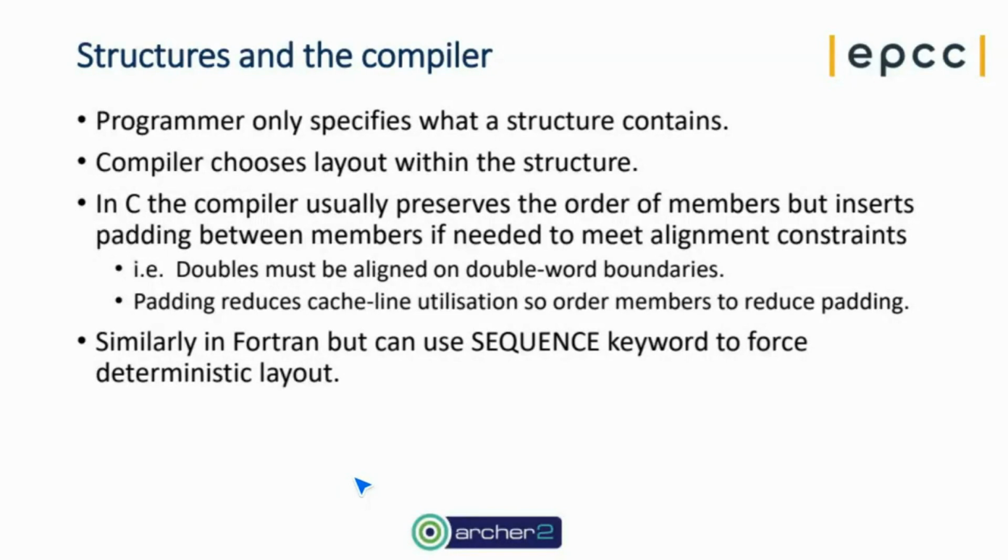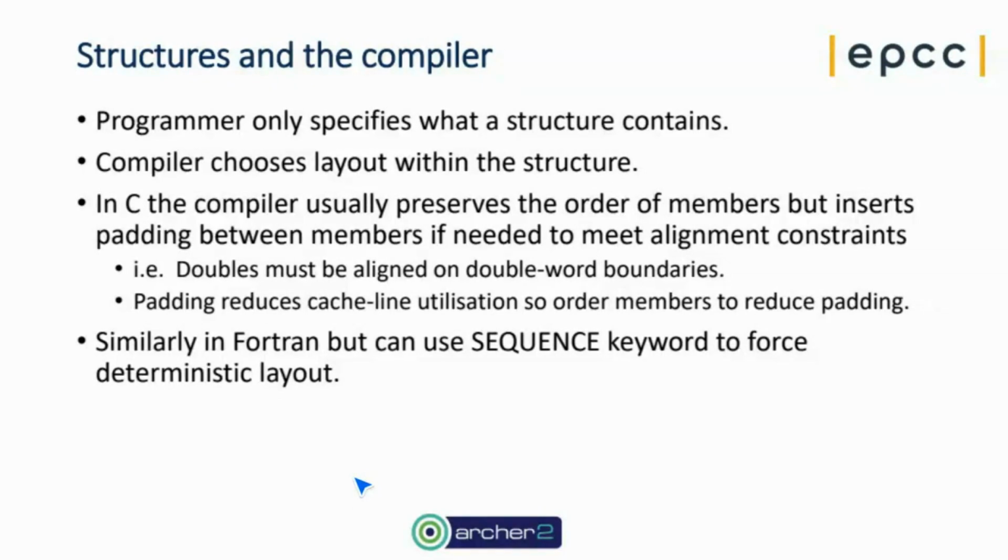For example, if you have a mixture of 4-byte integers and 8-byte doubles in a structure, then you'll often get padding introduced so that the doubles are all aligned on double word boundaries. But padding means that you are using up space in your cache line that isn't being accessed by the code for anything.